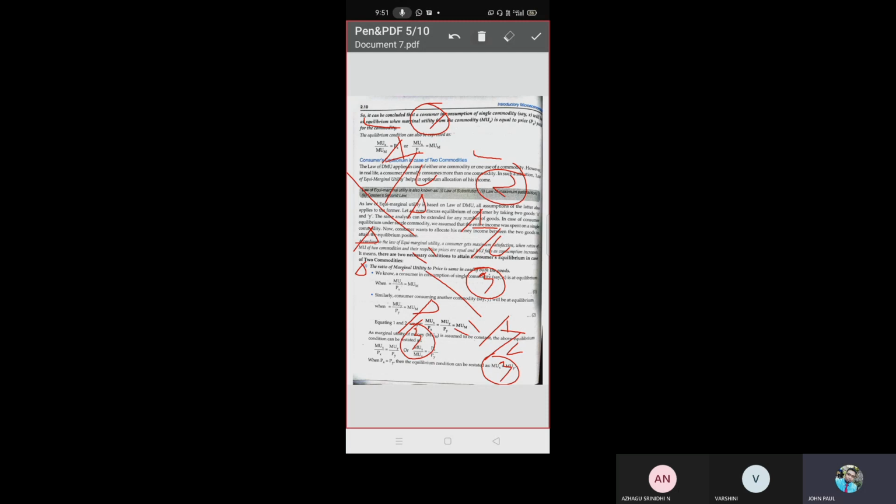In simple terms, a consumer is in equilibrium with two commodities when the marginal utility of Dairy Milk divided by its price equals the marginal utility of Munch divided by its price. So this is what we call consumer equilibrium in two commodities.